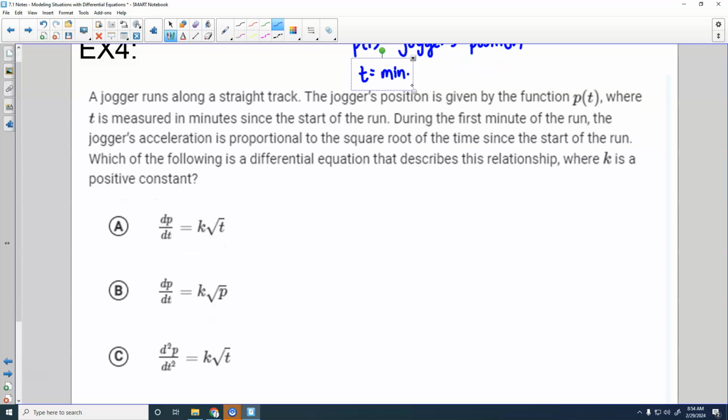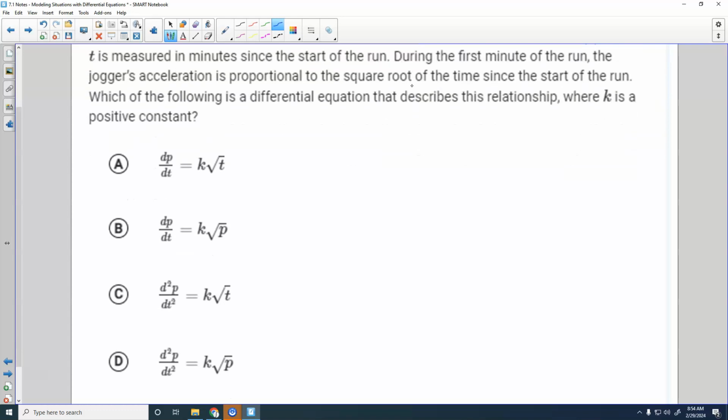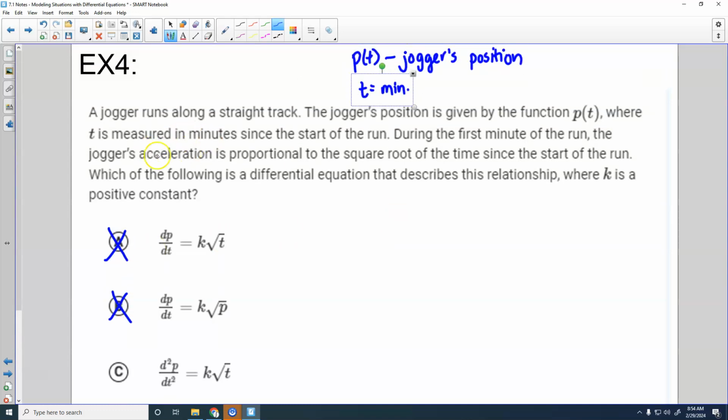All right, so looking at your answer choices, anybody want to? Why, Liam? Correct. So we're talking about acceleration. The derivative of position is velocity. We need to take a second derivative to get acceleration. So the jogger's acceleration is going to be d squared P over dT squared.